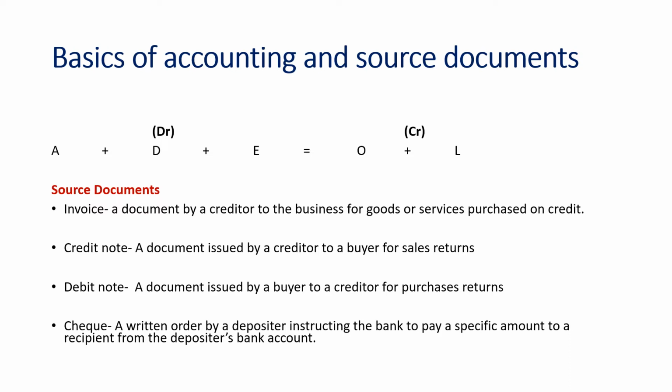This simply means that assets, drawings and expenses are recorded on the debit side, or when you open the account, they must have a debit balance. That's why they are on the left side of the equal sign. Owner's equity plus liability are recorded on the credit side. That's why they are on the right side of the equal sign.